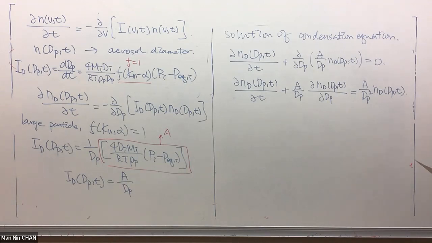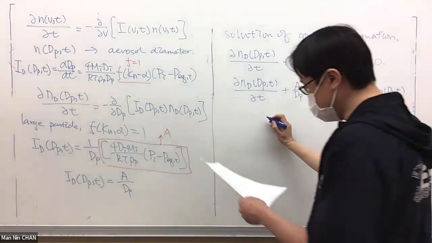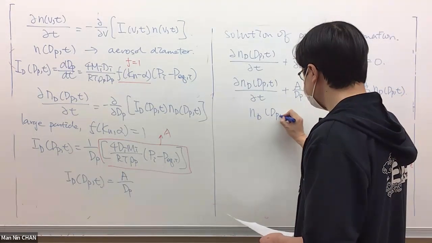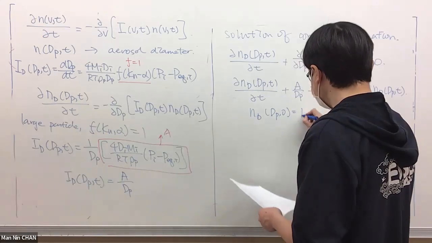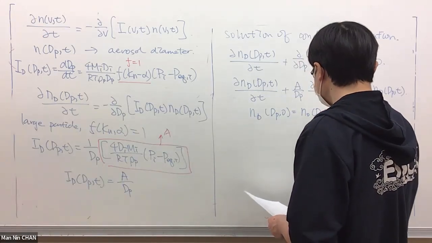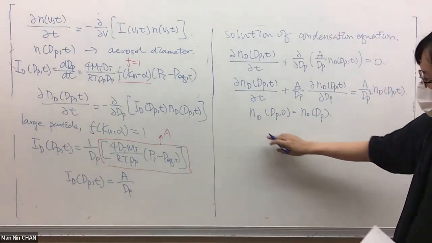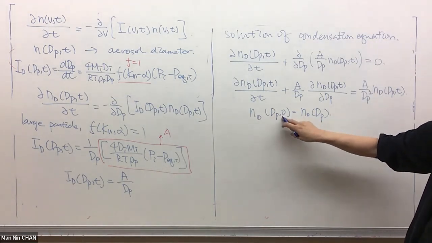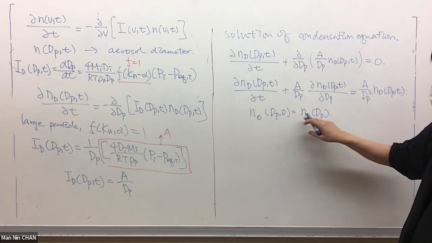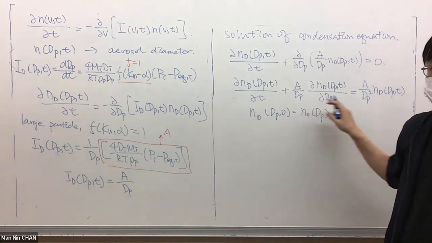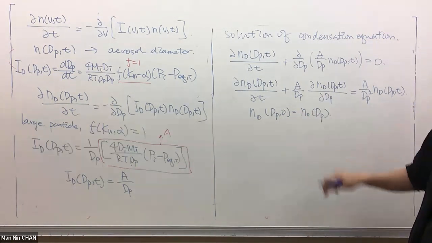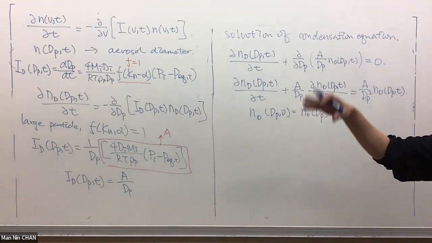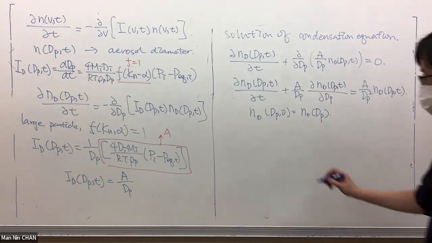And then you can solve this kind of PDE using some boundary conditions. First, your aerosol distribution at a given size at time equal to 0 is just your initial aerosol distribution, N naught of dp, before any condensation occurs.